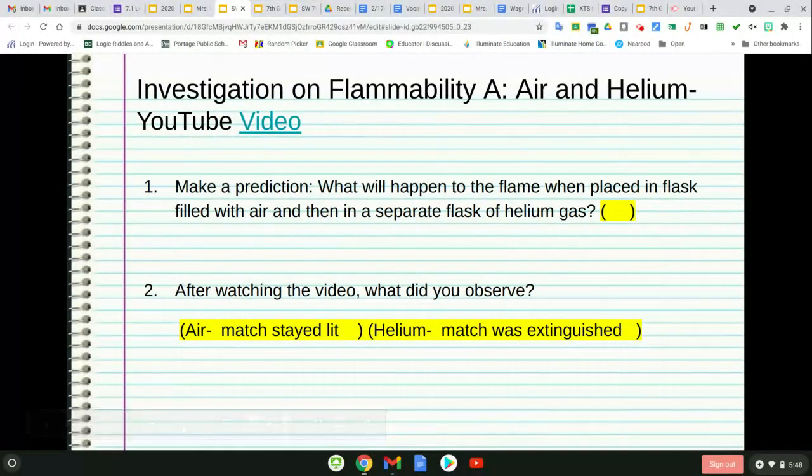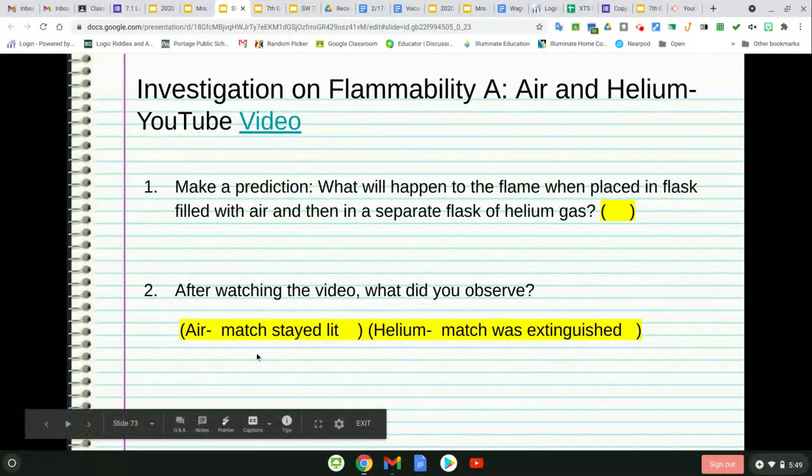All right, so the other property that we can look at when trying to identify the gas in the bath bomb is flammability, the ability to burn. So we look at helium and air as our control to compare to the gas in the bath bomb. When air came in contact with the match, the flame stayed lit.